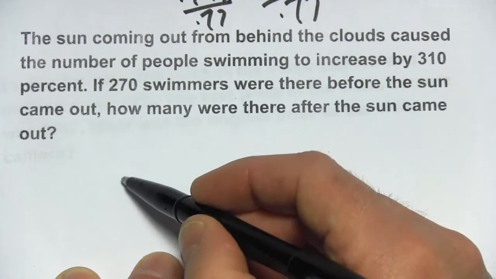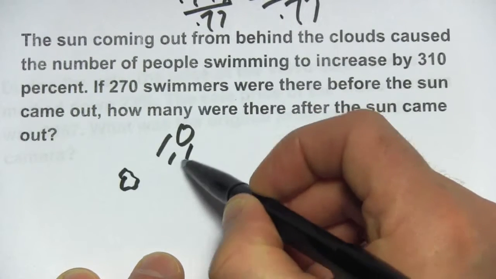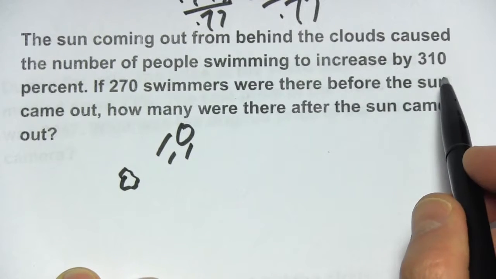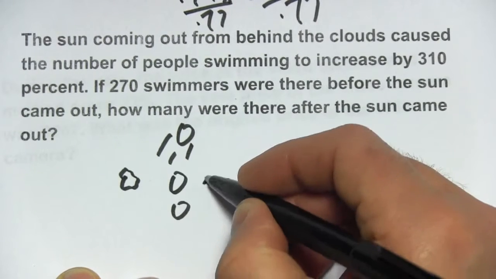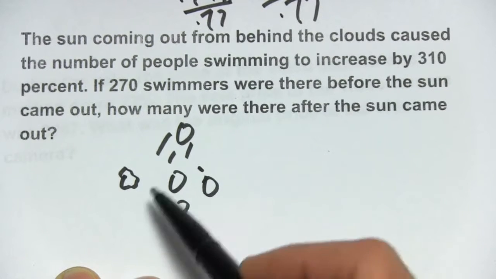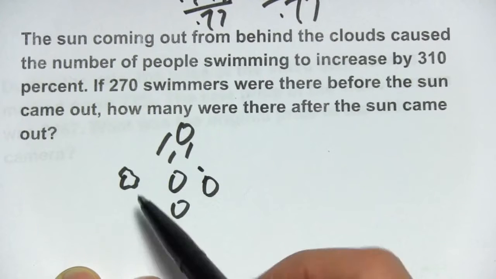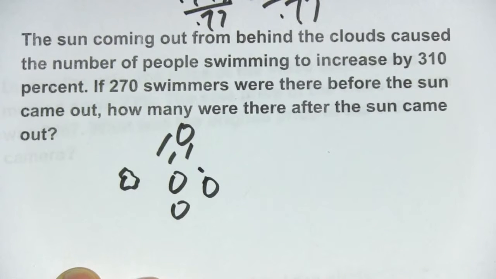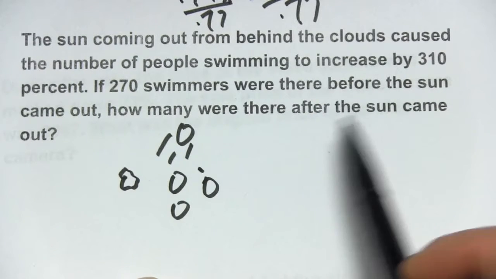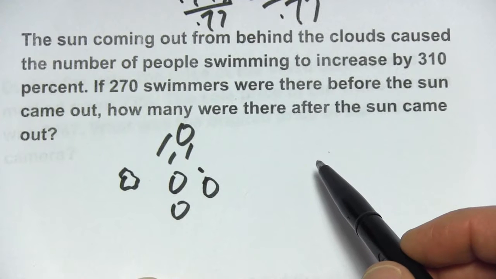There's a certain number of people swimming here, and then when the sun comes out, that number gets added to by 310% of that number, so roughly 3 times that amount and a little bit more. So we're going to look for a number that's a little bit over 4 times the original, because you'd have those 4 chunks. So it says if 270 swimmers were there before the sun came out, how many were there after the sun came out?